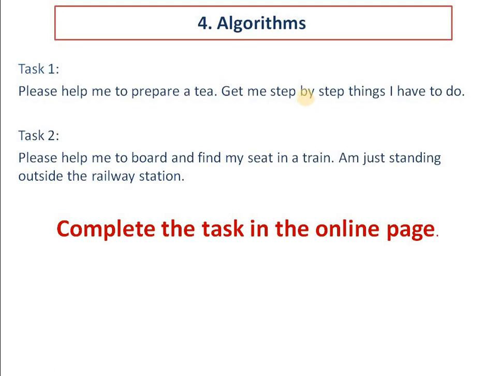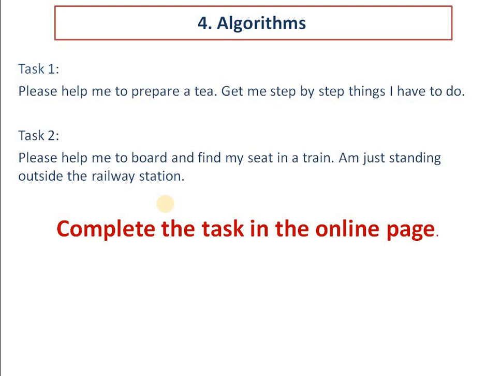And I have one more problem. Can you help me to board and find my seat in a train? I'm just standing outside the railway station. How will you help me actually? You will be directing me to enter the station as step 1. Step 2, I have to find out the platform where the train arrives.